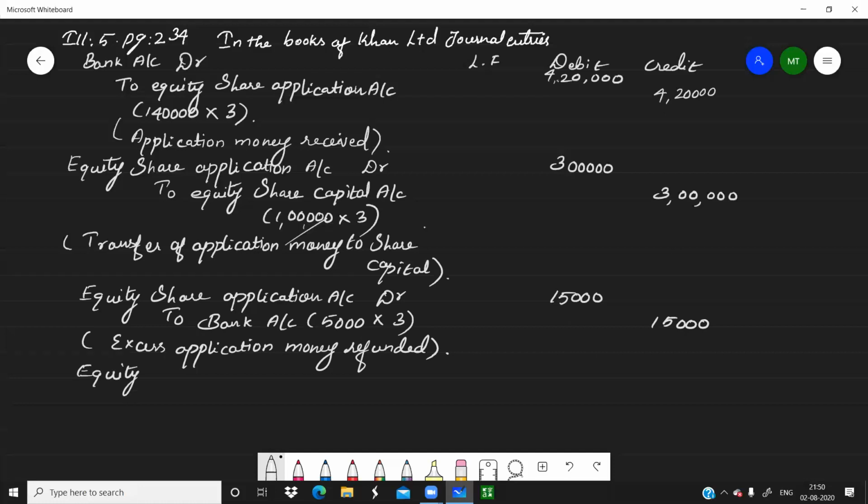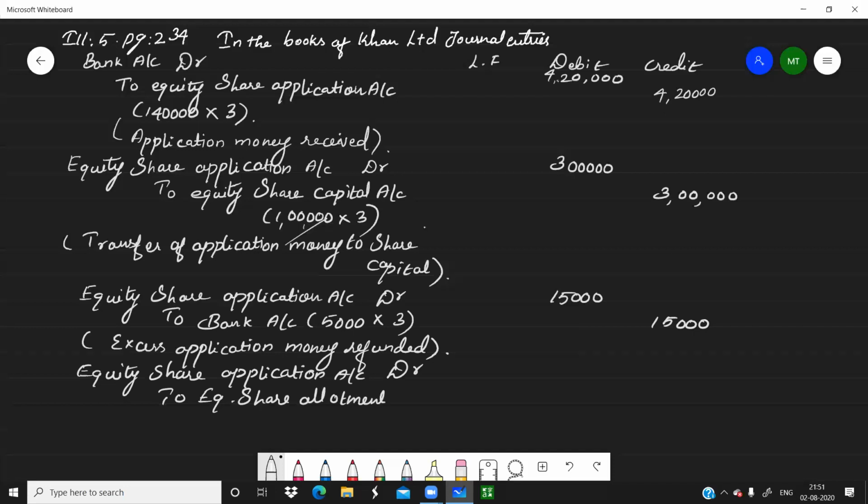Next, as usual, journal: equity share application account debit, to equity share allotment account.